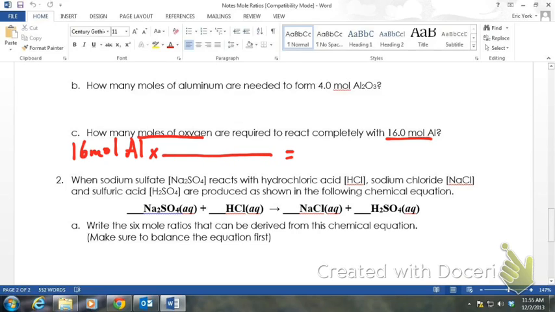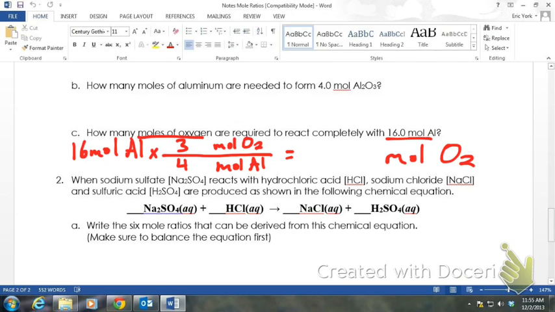And our answer is going to be moles of oxygen, which oxygen gas is O2. So now we could write moles of O2 on top, moles of Al on bottom, and what coefficients go for each one of these? What's the coefficient for O2? 3. And coefficient for Al? Good.